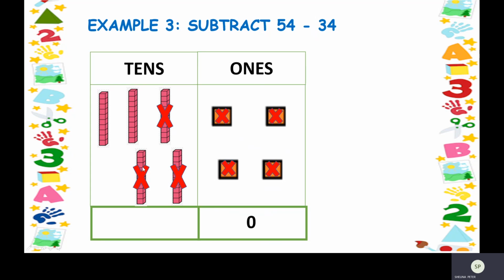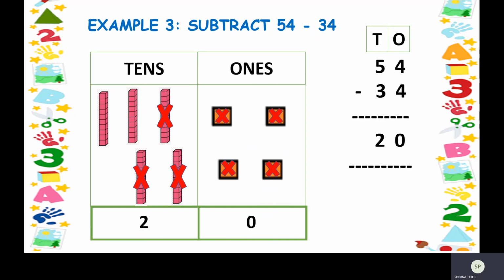And how many blocks are left at tens place? Let's count. 1, 2. Write down 2 over here. So can we say that 54 minus 34 is equal to 20? As 4 minus 4 is 0 and 5 minus 3 is 2.